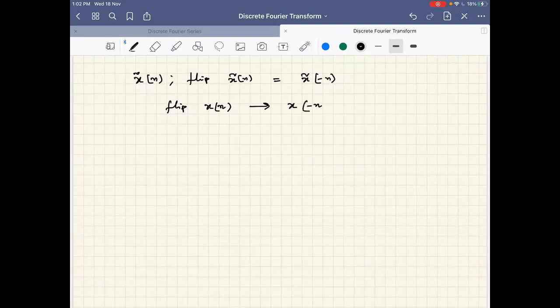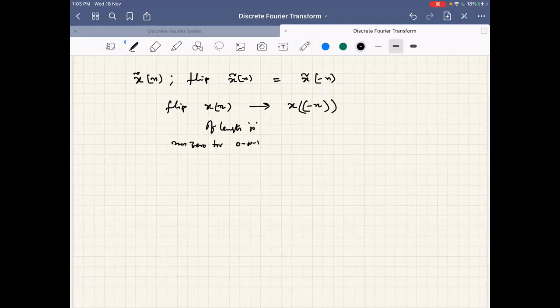However, this sequence is of length n, non-zero for 0 to n minus 1, and hence we wish to have even this non-zero for 0 to n minus 1, or length n, for effective processing.